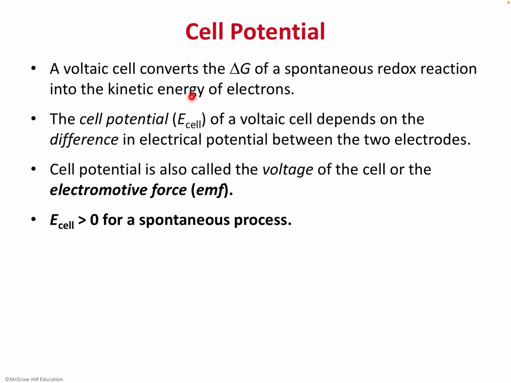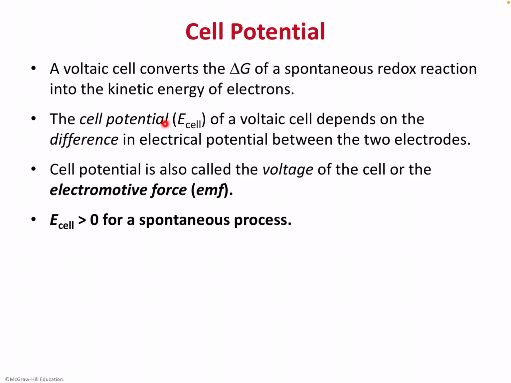When you are sitting down, you have potential energy; you stand up and start moving, then you are using your kinetic energy. Similarly, the delta G that is generated helps electrons to move. Basically, a voltaic cell converts delta G of a spontaneous redox reaction into the kinetic energy of the electrons. So the electrons start moving.